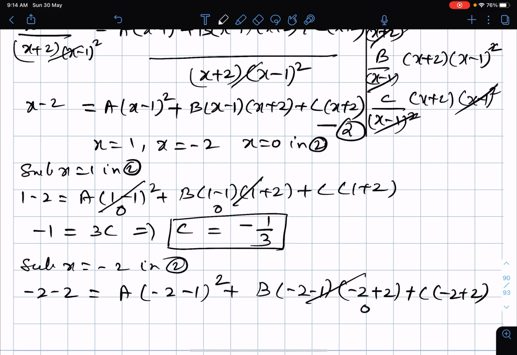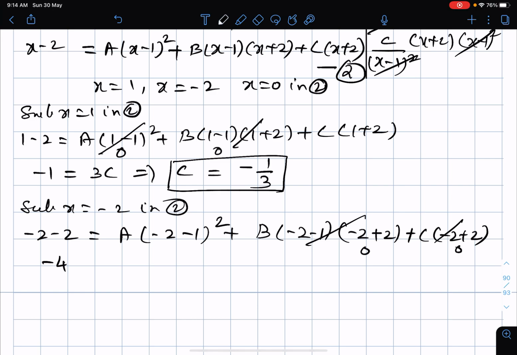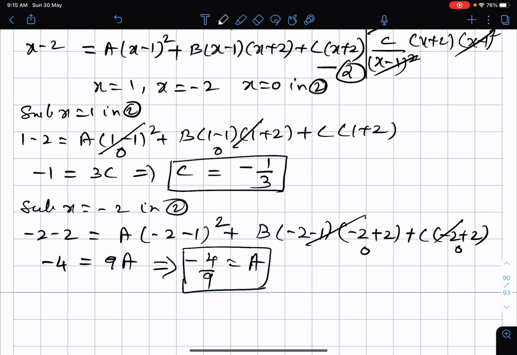So this becomes 0, b gets cancelled, this becomes 0, c also gets cancelled, you get only a. So minus 4 equals (minus 3) the whole square, which gives you 9a. So our a is minus 4 by 9. This is your a value.